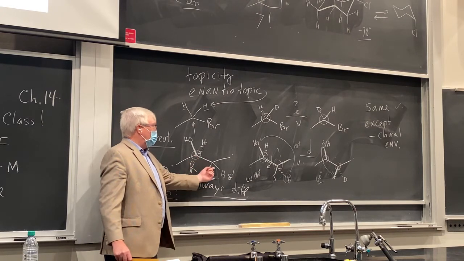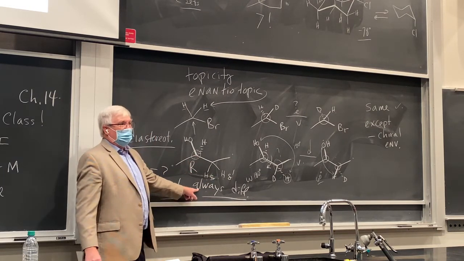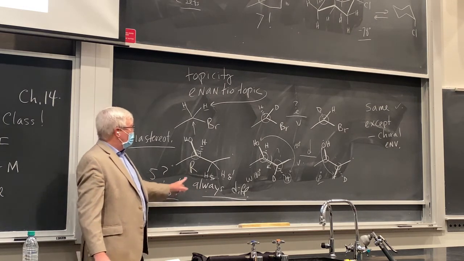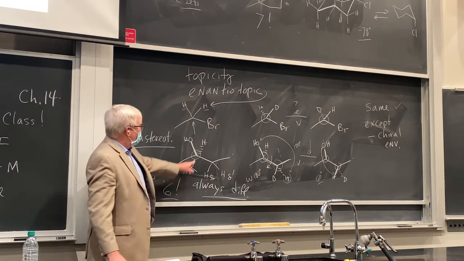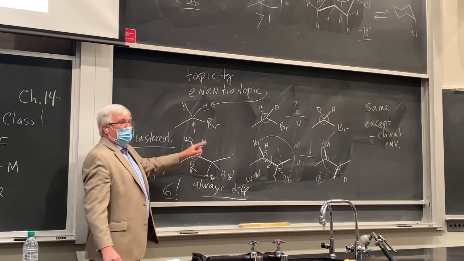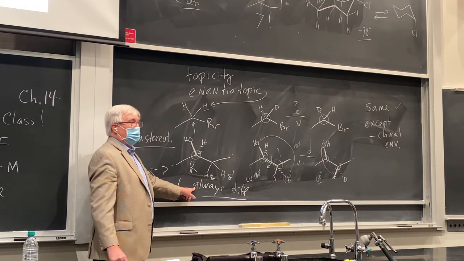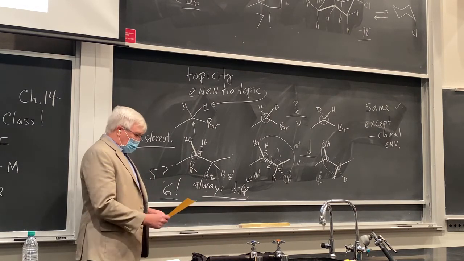But especially if it's right next door, it's always different. You're always going to see that additional set, okay? So under all conditions there, if you've got an existing stereocenter, the methylenes typically will be diastereotopic hydrogens on that methylene. Does that make sense?